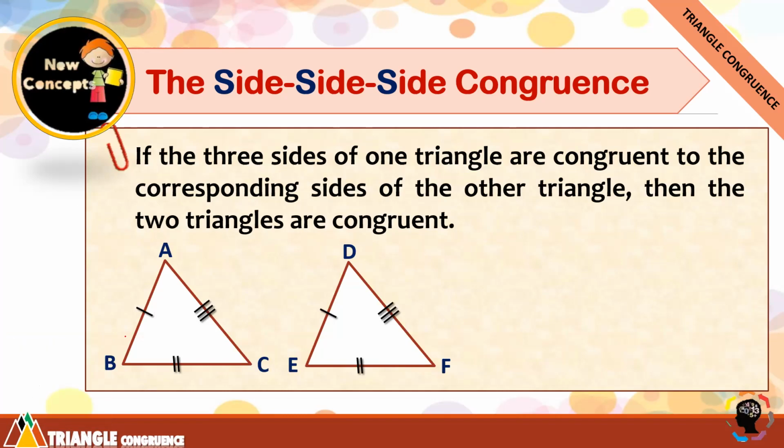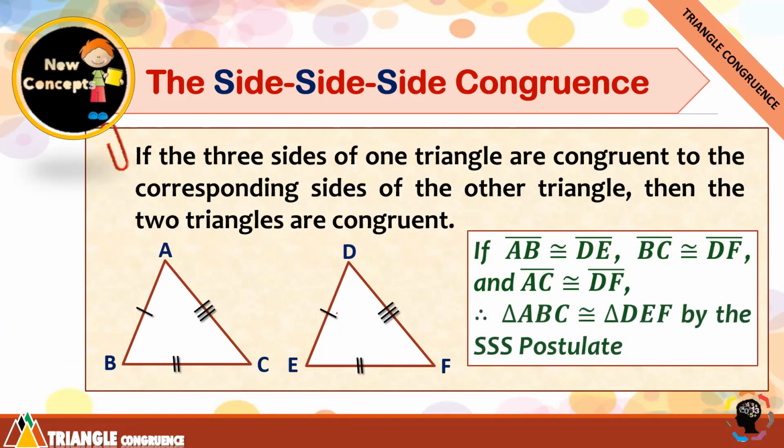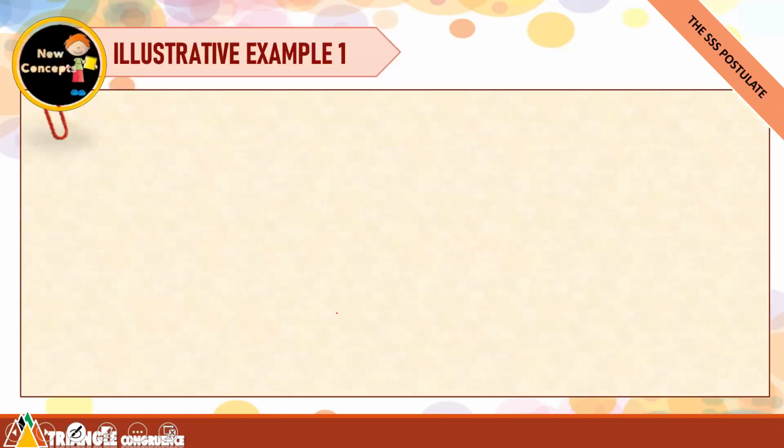That is an indication that these sides correspond to these sides. AB corresponds to DE and so on. So just look at the markers, okay? Triangle ABC is congruent to triangle DEF, given the following corresponding sides, by SSS postulate.